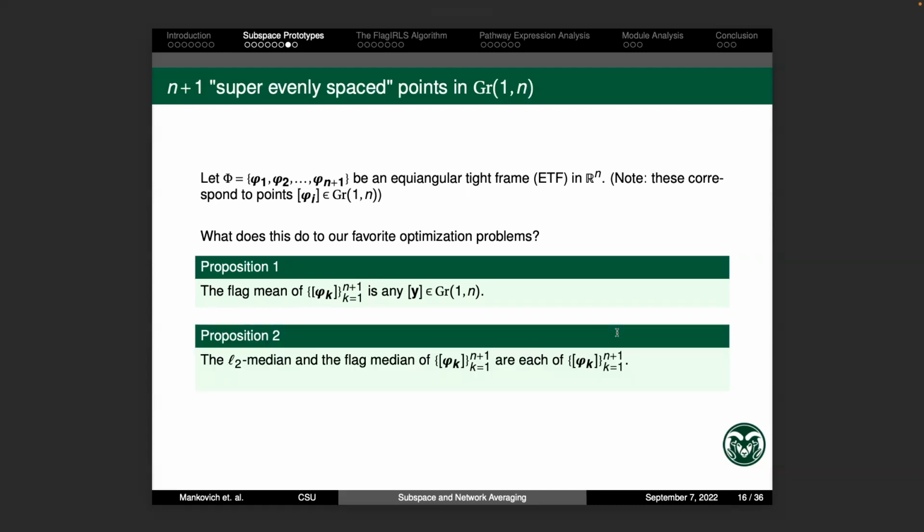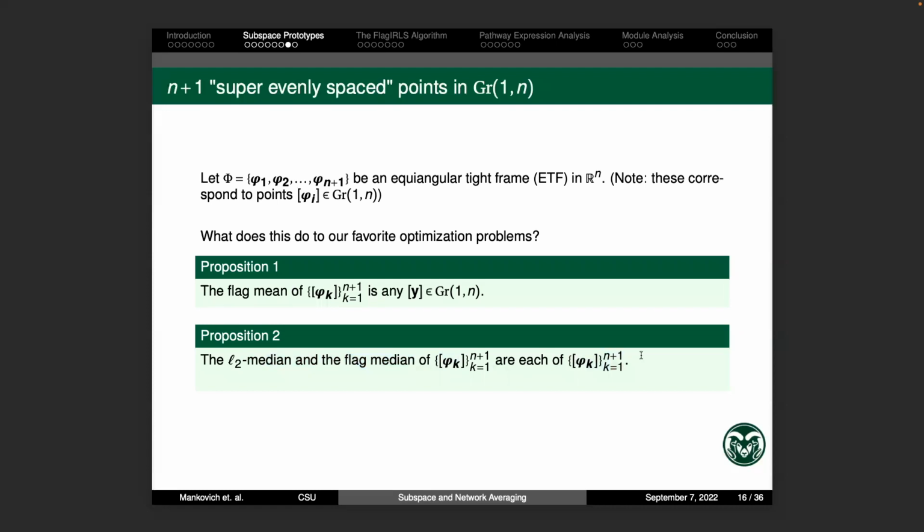The second proposition is about the L2 median and the flag median of a set of subspaces which span the points in an equiangular type frame. If you take points that are really evenly spaced and you calculate either the L2 median or the flag median of them, then these two subspace prototypes are exactly each of the points in the data set.